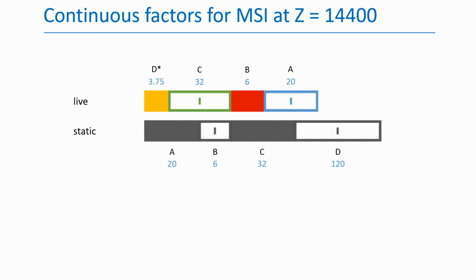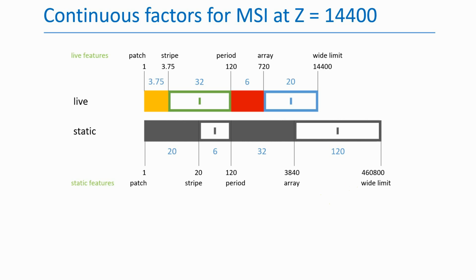We start by calculating the live factor chain at 14,400. Next, we calculate all the features in both chains. Again, the features are the cumulative products of the factor sizes. So for instance, the static array is 20 times 6 times 32, or 3,840.